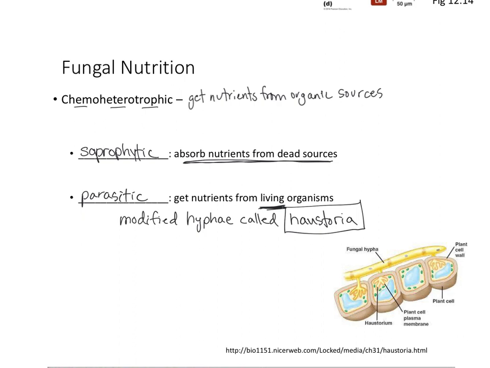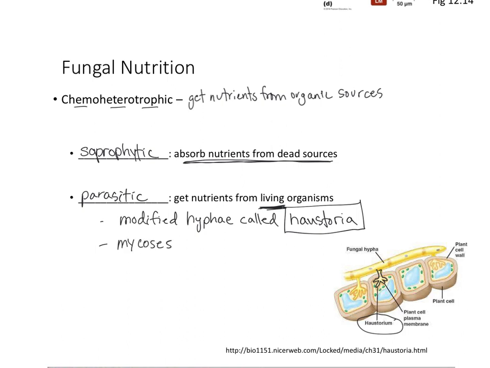Okay, so there's another term. So here in this picture, they call it a haustorium. Again, it's just a modified hyphae here that can penetrate into a living cell. Okay, so any fungi that's parasitic, that's, again, living off at the expense of another organism, any kind of fungal disease, whether it's a plant or whether it's on humans, we call that a mycoses.